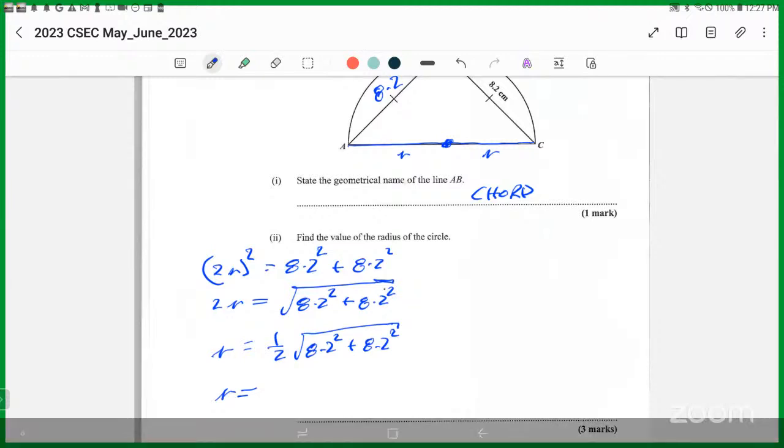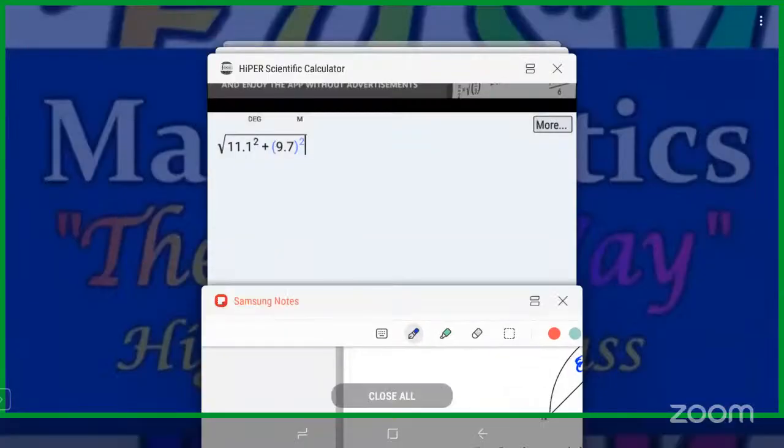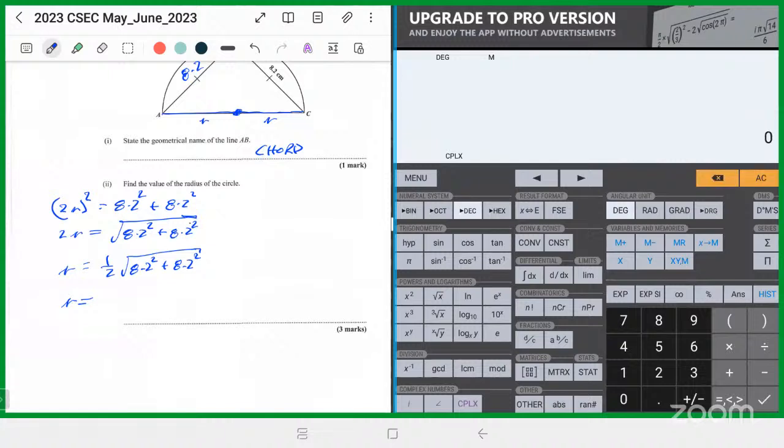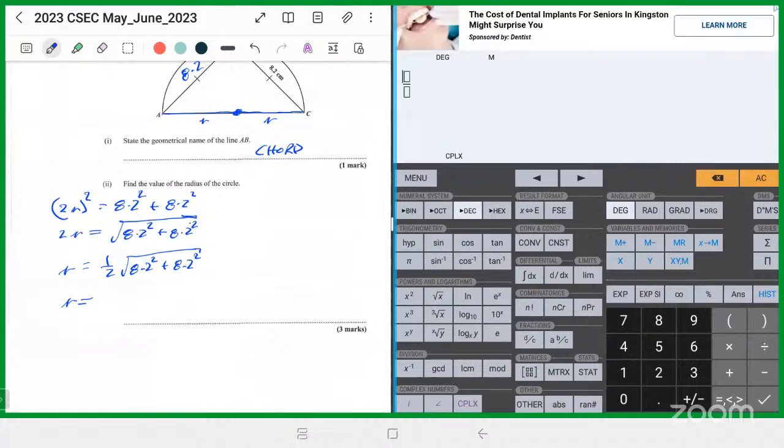Let's work it out this way and see what we get. And I'm going to do it another way. Let's do the Trigs method afterwards. So we use one of the trig ratios afterwards and see what we get. Let's do it this way first. I'm going to say half times the square root of 8.2 squared plus 8.2 squared.